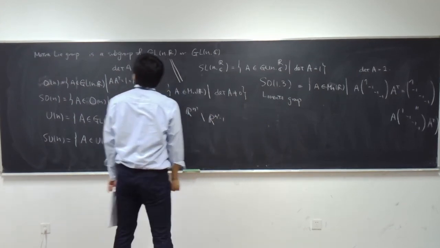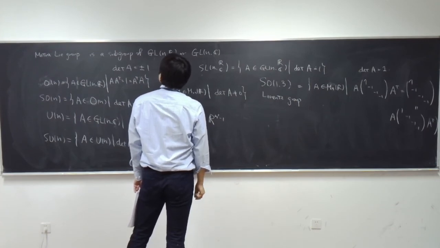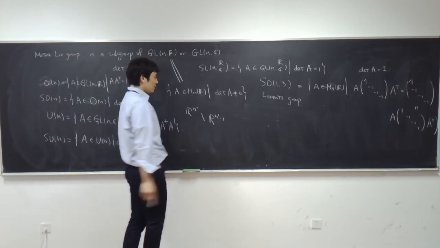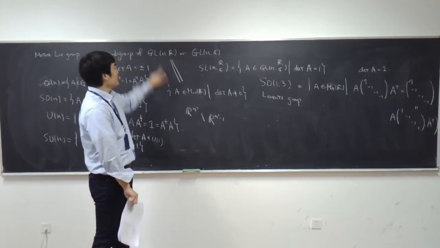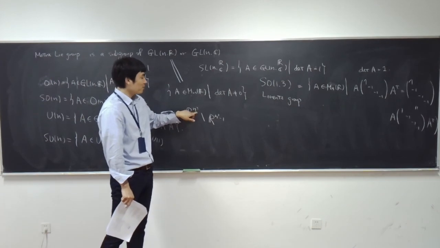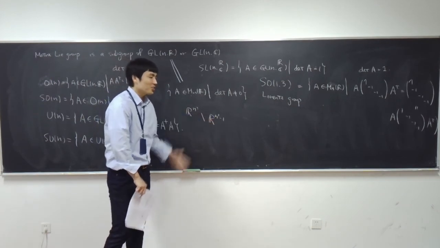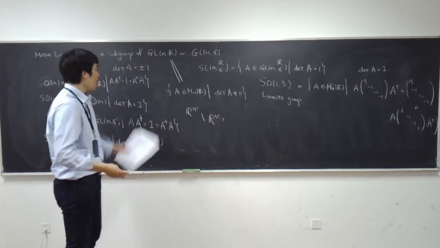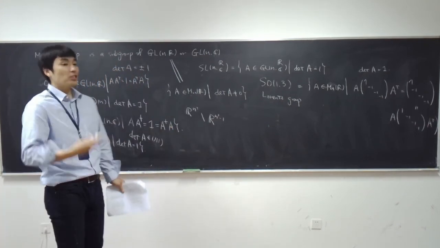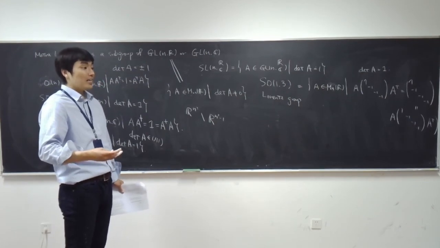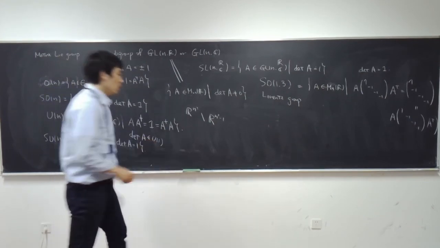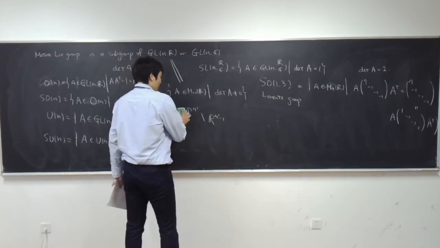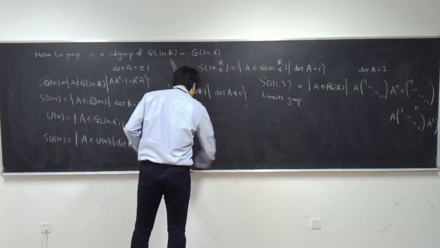Am I correct? Yeah. So essentially, as a manifold, the general linear group is R to the n squared minus the zero locus of the determinant. So it's an open manifold, and it's a closed subgroup. It has the form of a manifold, and the Lie algebra can be understood as the tangent space of this manifold.